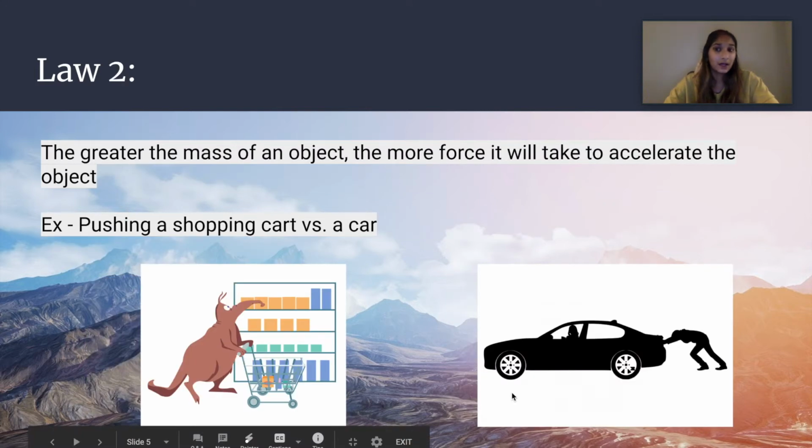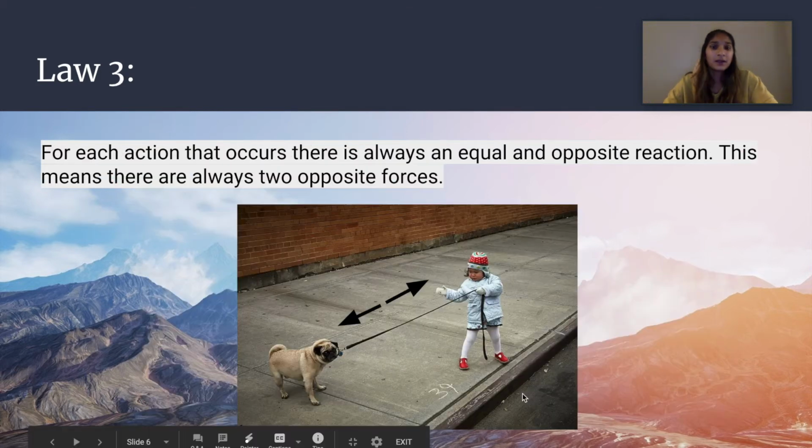The second law of motion is that the greater the mass of an object, the more force it will take to accelerate the object. We can think about this in terms of pushing a shopping cart versus pushing a car. We know a car has a lot more mass than a shopping cart, which means it takes a lot more force for us to be able to push it.